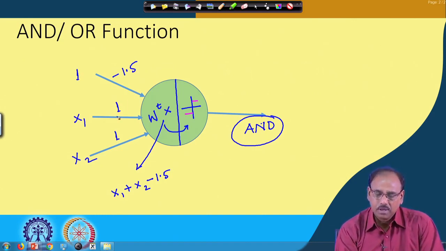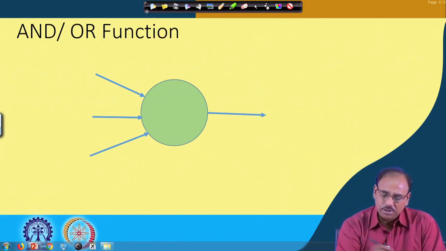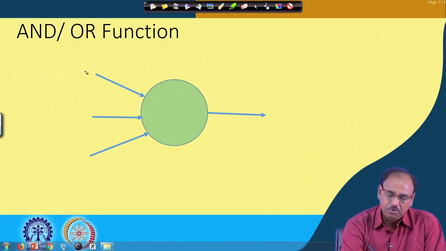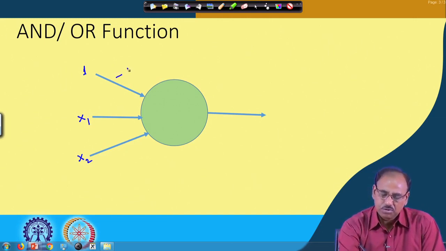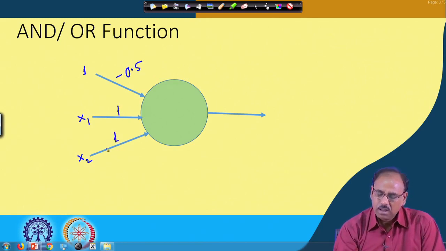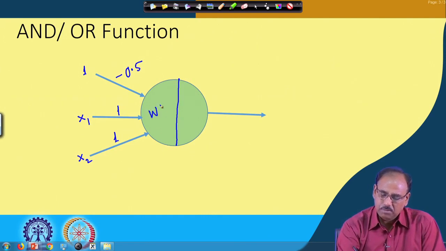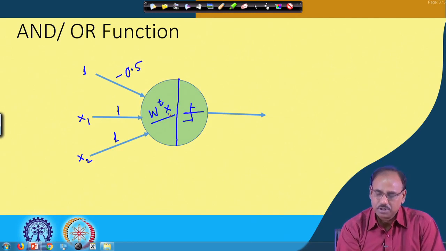This is what we get in case of an AND function when the weight vector is minus 1.5, 1 and 1. When I want to compute an OR function, my input vector remains the same, that is 1, x1 and x2, whereas the weight vector is changed to minus 0.5, 1 and 1. As before, the first compartment computes W transpose x, and the second compartment imposes the threshold nonlinearity on W transpose x.